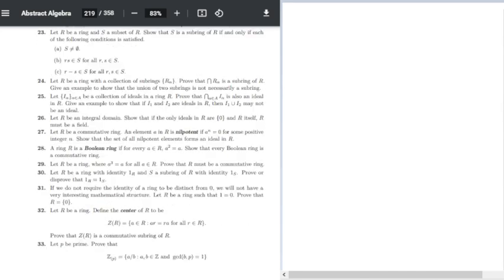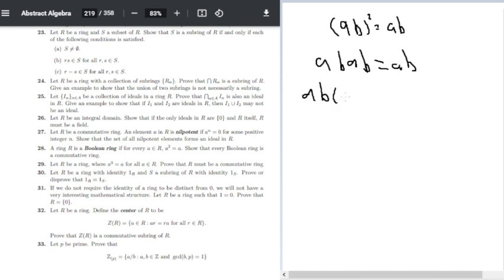I'll just work at problem 28 on stream a bit more and see if I can find anything. So AB squared is equal to AB. So we have that AB is equal to AB, which means that AB minus 1 is equal to 0.